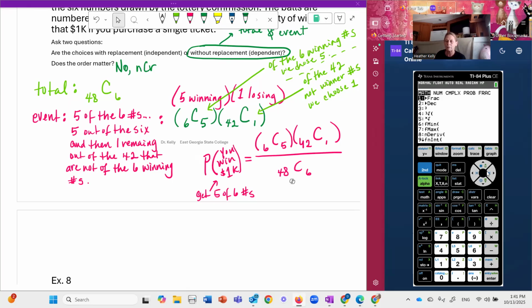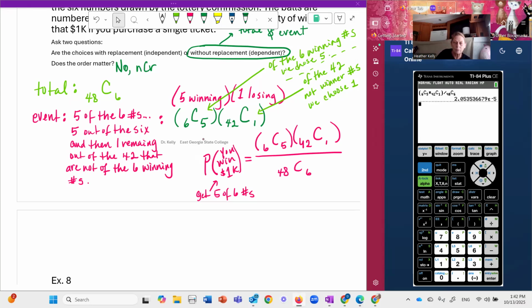Hit math, go over to probability, choose 1, go back up, close the parenthesis, divided by 48, math, choose, 6.